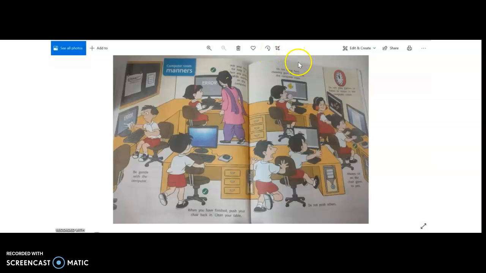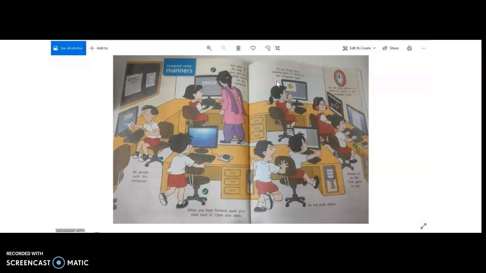Next. Do not bring food, chewing gum or drinks to the computer room. Not even snacks or chocolates to the classroom. You are allowed to eat your snacks, chocolates or lunch at the break time and lunch time.